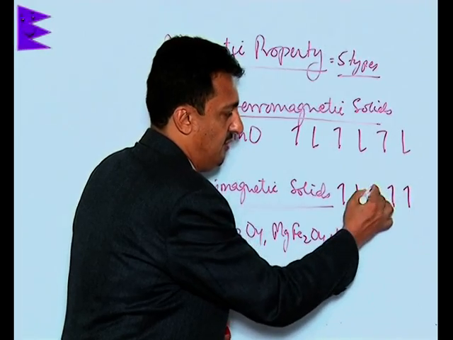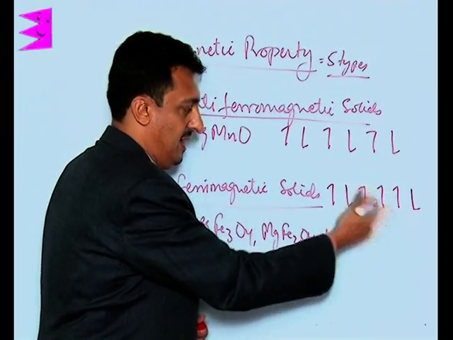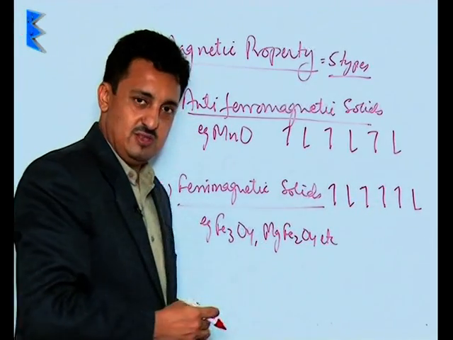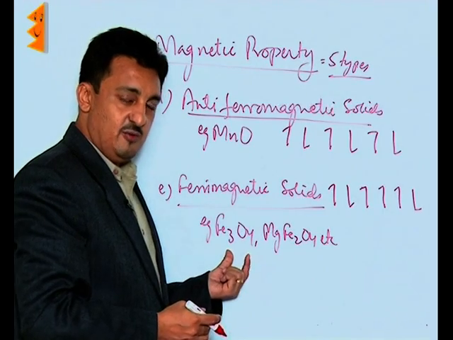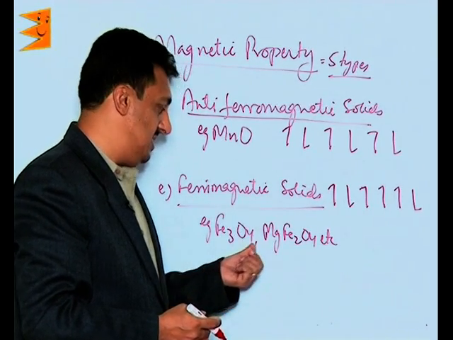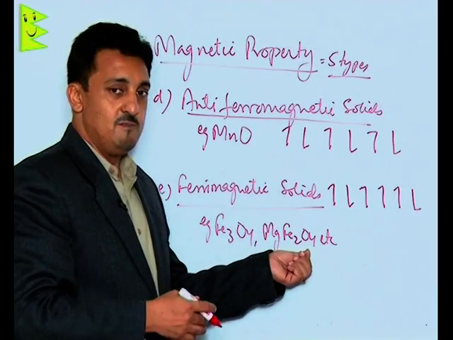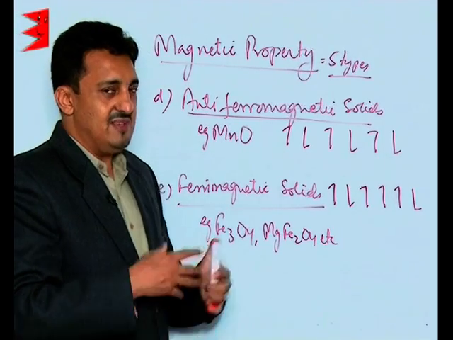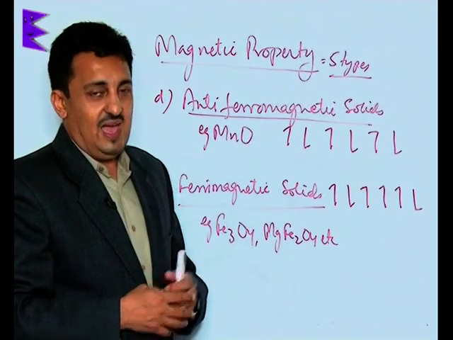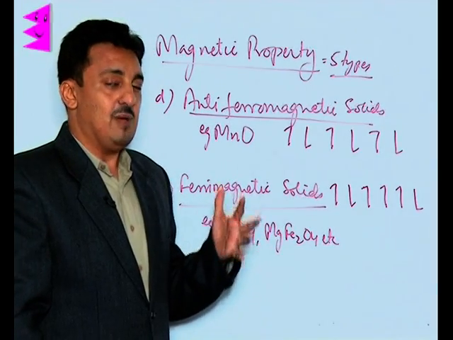Only a few of them are aligned in one direction. Otherwise most of them are opposite to each other. Examples include Fe3O4, magnetite, or ferrites, which also include MgFe2O4 or ZnFe2O4 etc. So these are ferrimagnetic solids, and these are the 5 categories we have of the solids on the basis of their magnetic property.